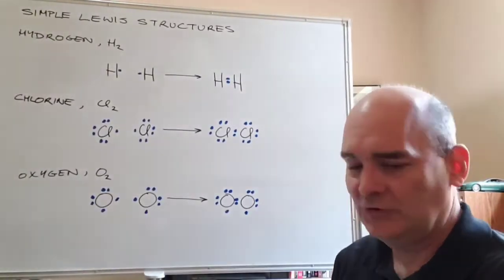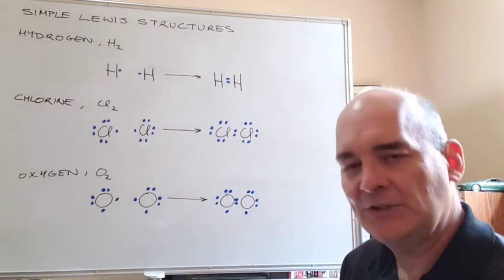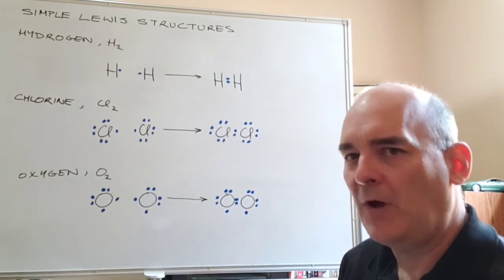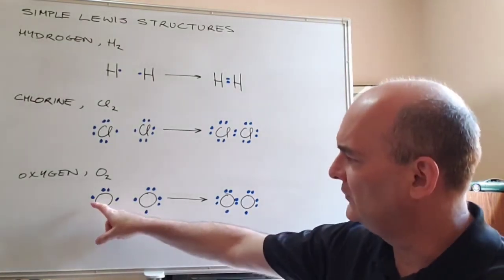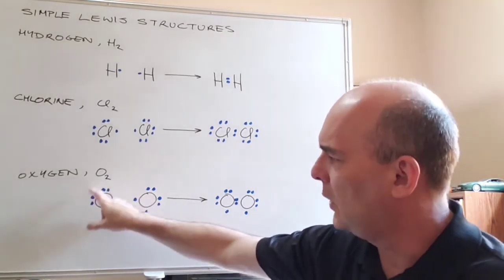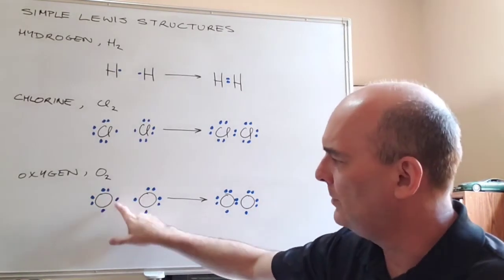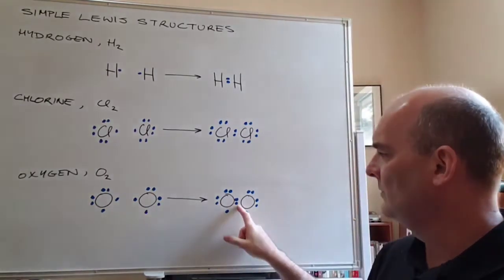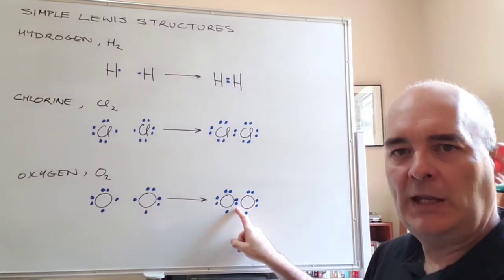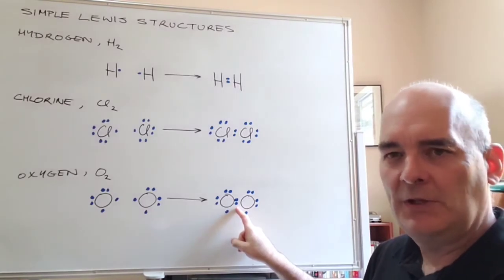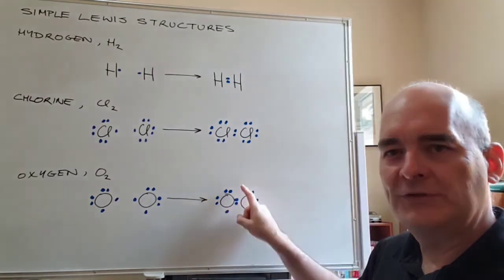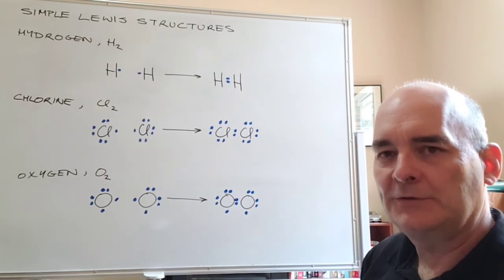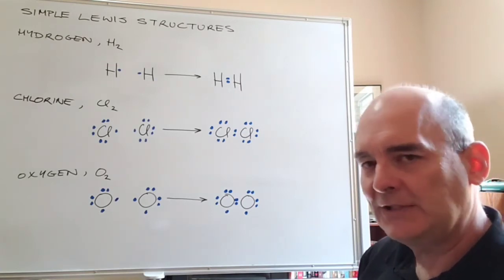Here is oxygen. Oxygen is in group 6, meaning it has 6 valence electrons. Electrons start pairing up in group 5. So when I look at an oxygen, I see 2 lone pairs of electrons and 2 bonding electrons. These 2 oxygens will combine. I've made a covalent bond right here, 2 electrons shared between 2 atoms. And when I count the number of electrons on this atom on the left, that's only 7 electrons. So I've not satisfied the rule.